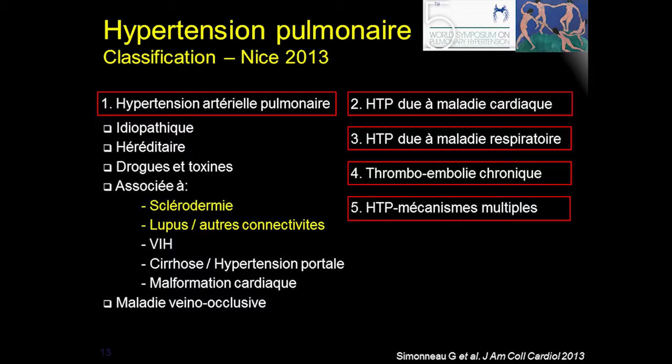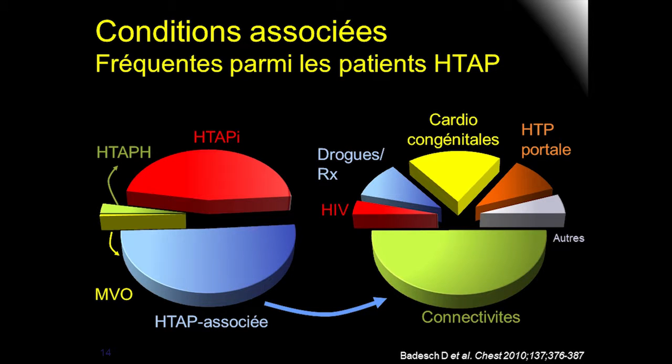There are several diseases that predispose to the development of PAH, such as HIV infection, hepatic cirrhosis, and others. But scleroderma and other autoimmune diseases connected to that disease, such as lupus and other connective tissue diseases, these are all diseases that predispose you more significantly to developing pulmonary arterial hypertension. When PAH is diagnosed, in more than half of cases, we see an underlying disease which has predisposed the patient to developing this disease.